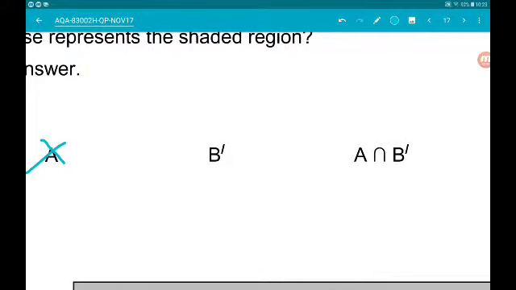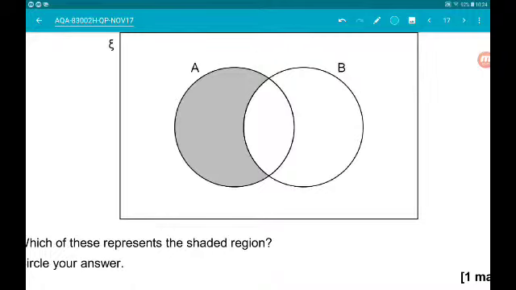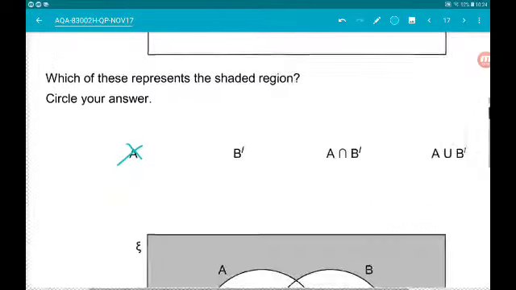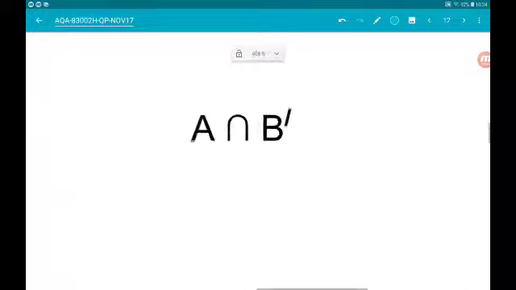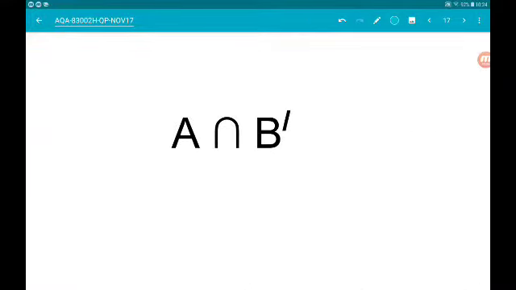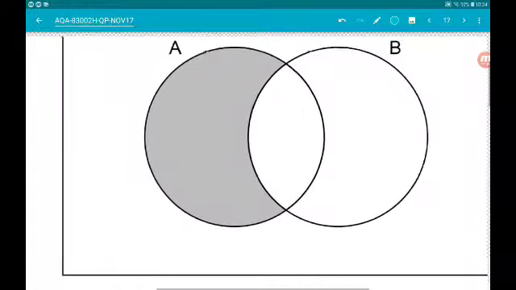Now B dashed means not B. So again, that's no, because that would include the outer rectangle as well. So it's not B. Is it A and not B? So yes it is, because the A circle is shaded, but not the part that contains B. So it is A and not B.